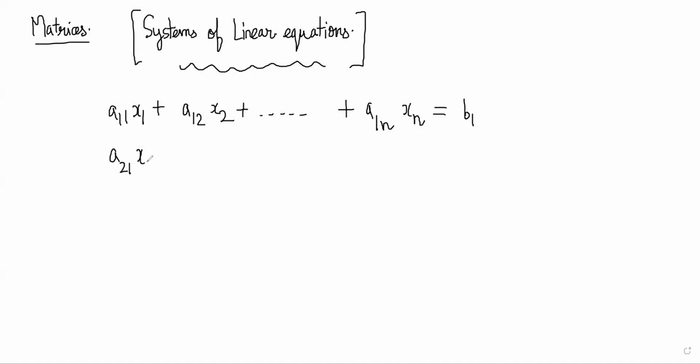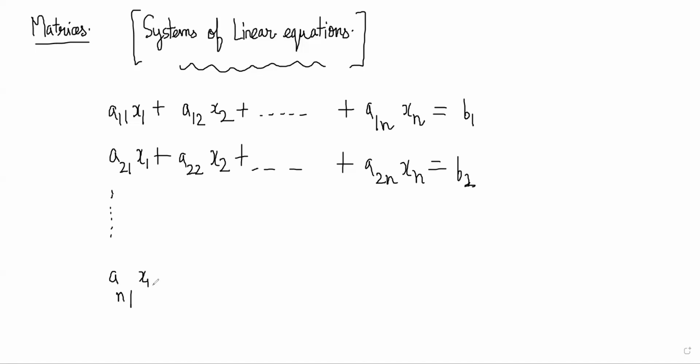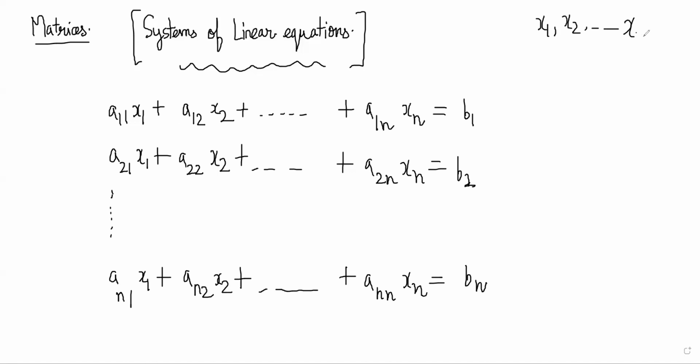Similarly, a21 x1 plus a22 x2 up to a2n xn is b2, and like this there are n equations, down to an1 x1. So here there are n equations, the variables are x1, x2 till xn, the coefficients are a11, a12, a1n until ann, and on the right hand side it is equal to b1, b2, bn.